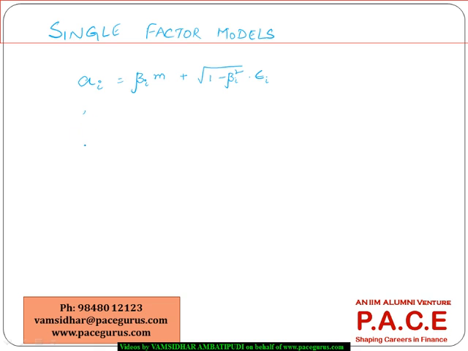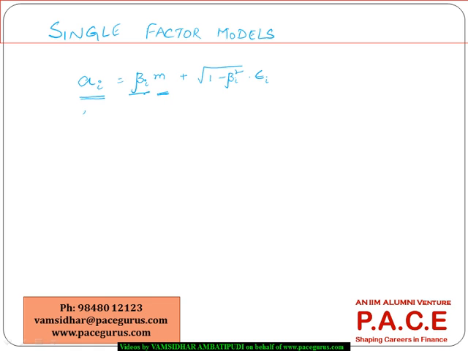What does that mean here? We are trying to link the returns of each asset, right? We are trying to find a relation. Returns of each asset, we are trying to link with a market factor, right?